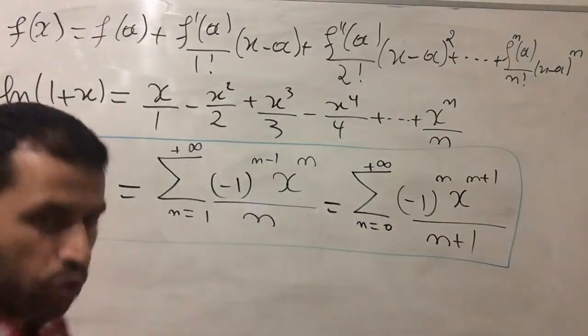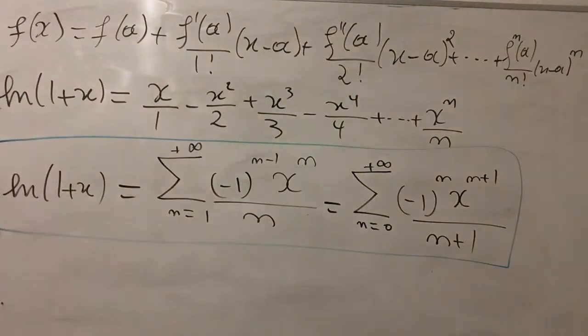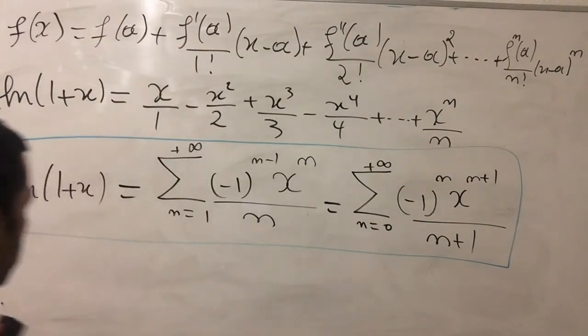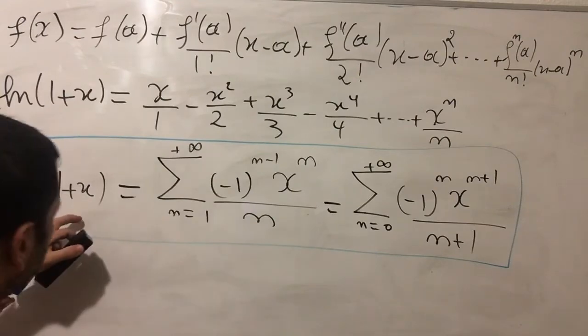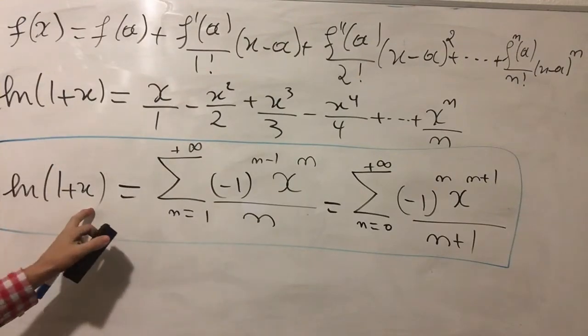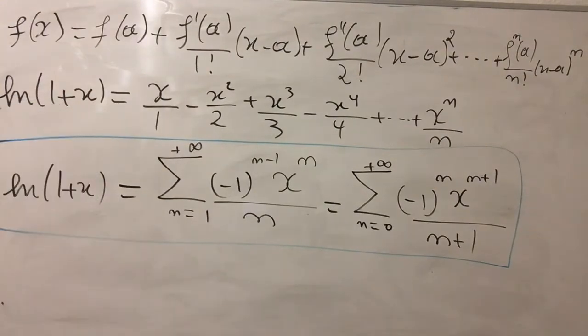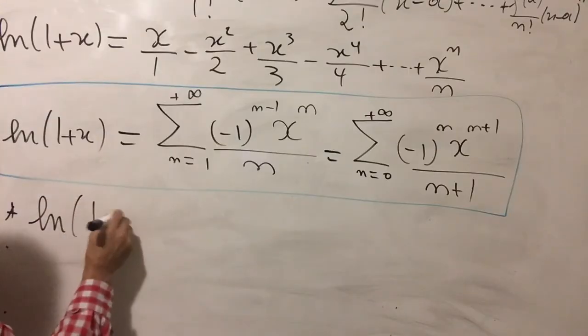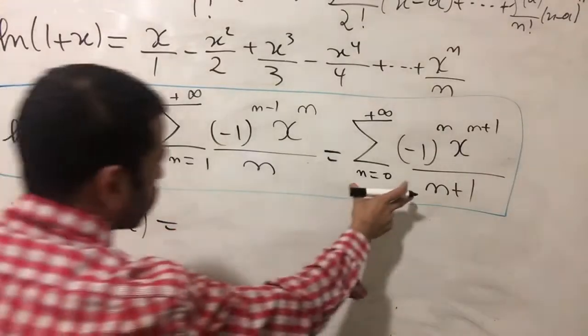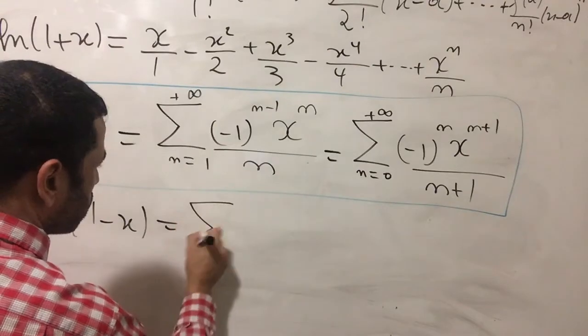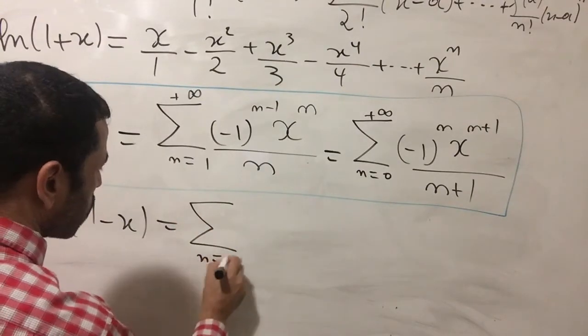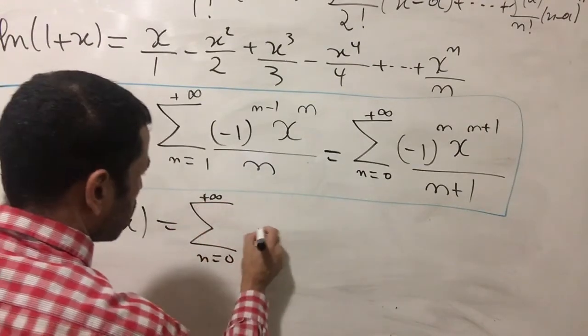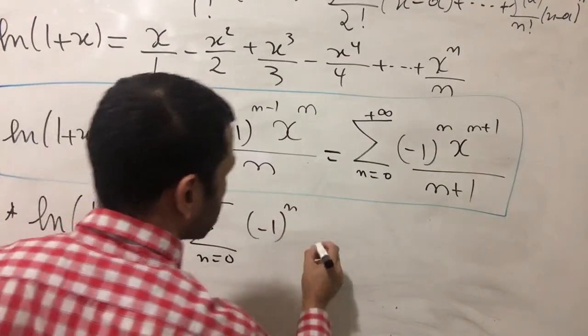Okay, I'm going to evaluate natural log of 1 minus x. It's not a big difference here. I'm going to just put minus x instead of x. So I will have natural log of 1 minus x equals this sum, as n goes from 0 to plus infinity, of minus 1 to the n.